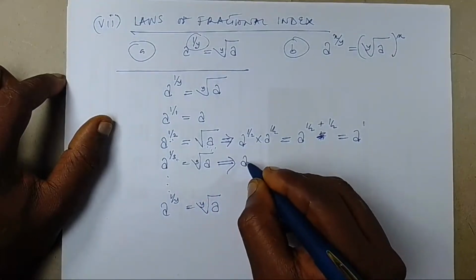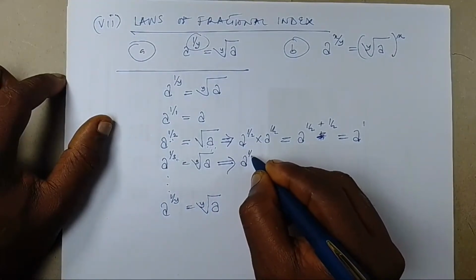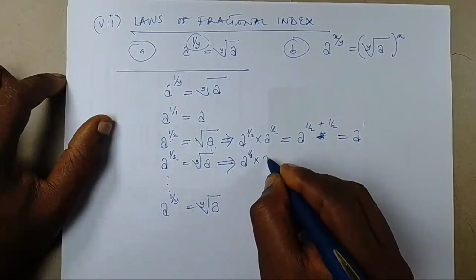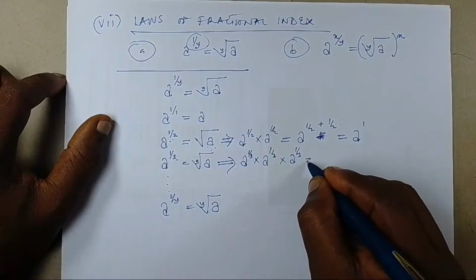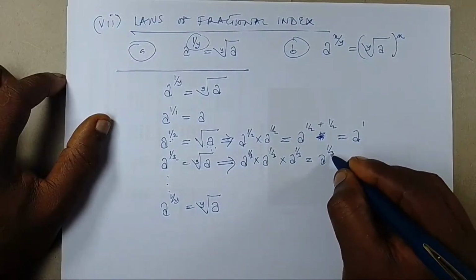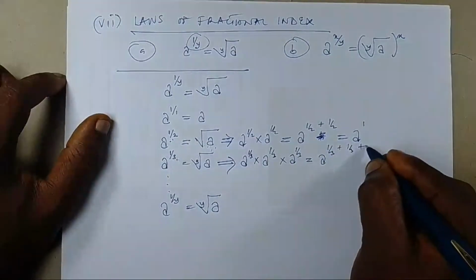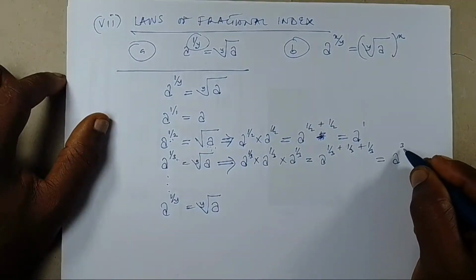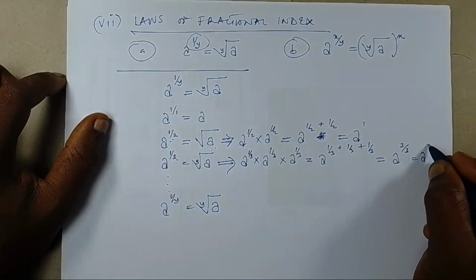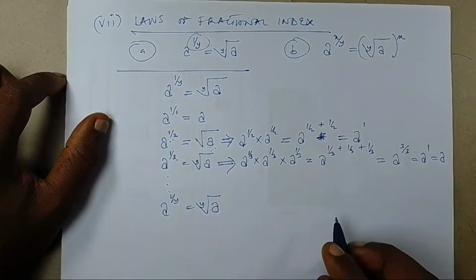So let's see, a raised to the power 1 over 3 times a raised to the power 1 over 3 times a raised to the power 1 over 3 will give you a raised to the power 1 over 3 plus 1 over 3 plus 1 over 3. And that would mean a raised to the power 3 over 3, which is a raised to the power 1, which is a. So that law is true.